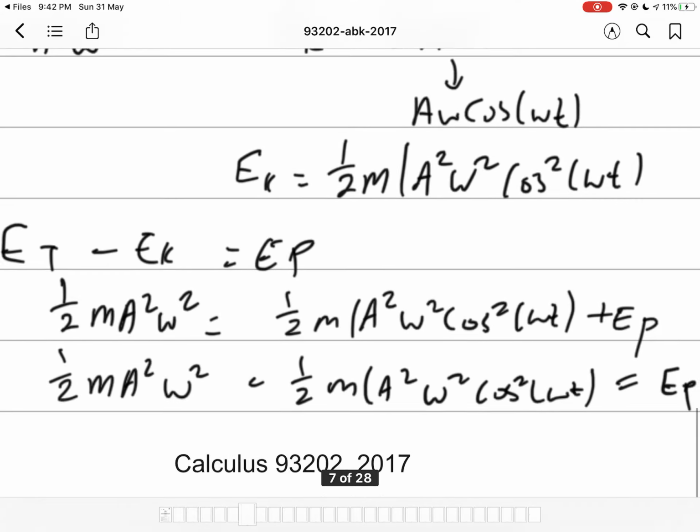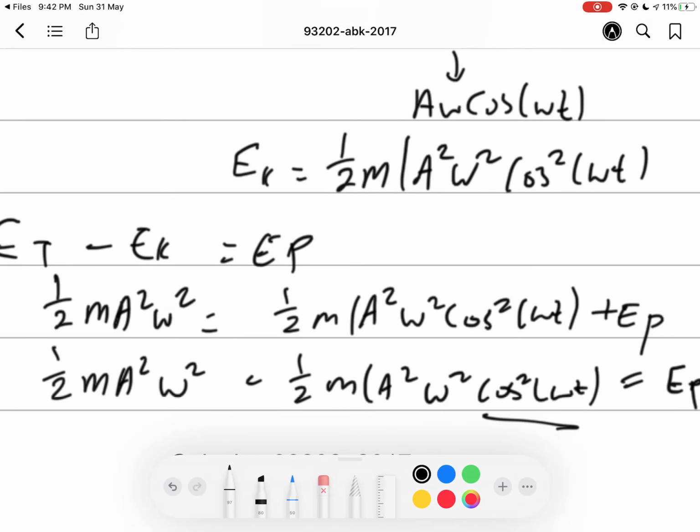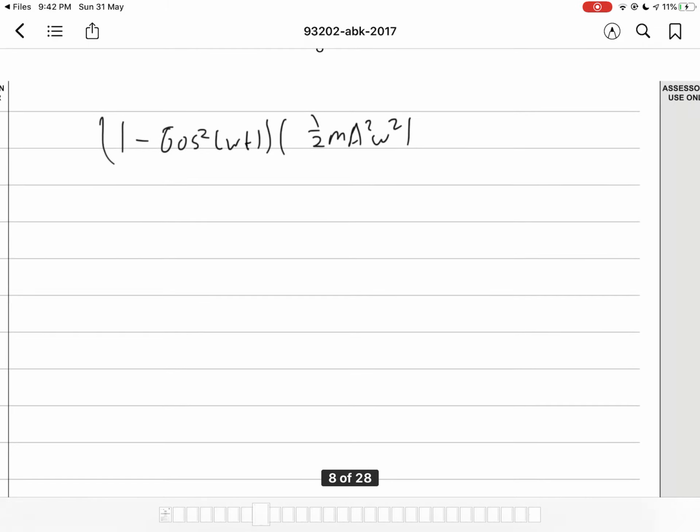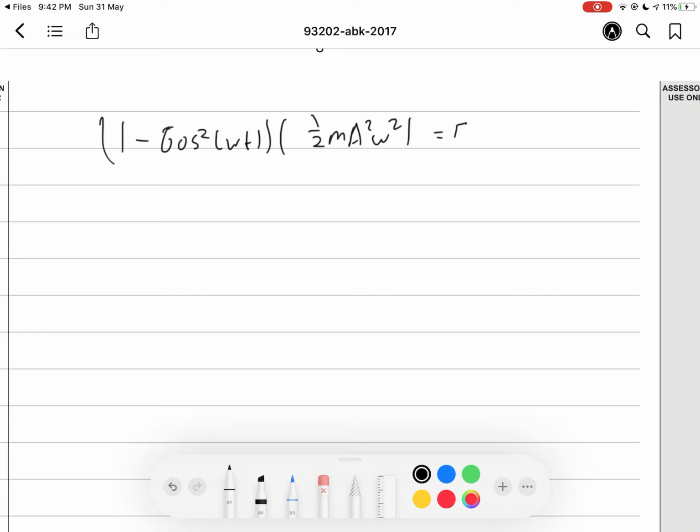Right, so we can take 1 minus cos squared ωt and factorize it out. That is equal to our EP as well. We know 1 minus cos squared ωt equals sine squared ωt, times 1/2 m A squared ω squared.